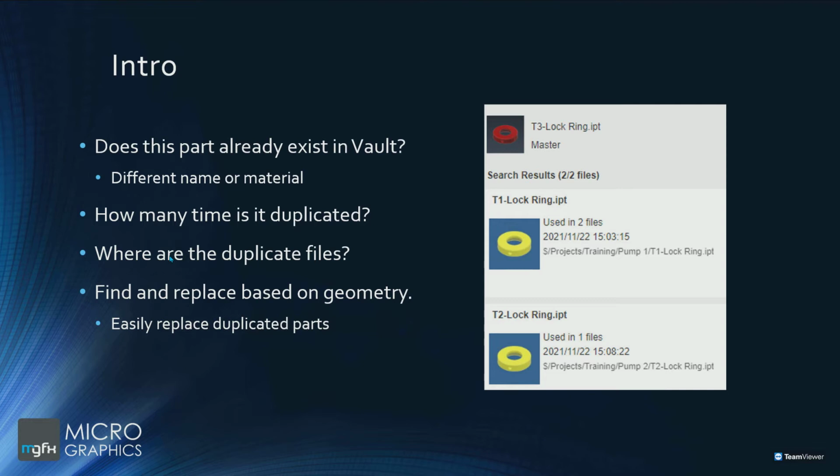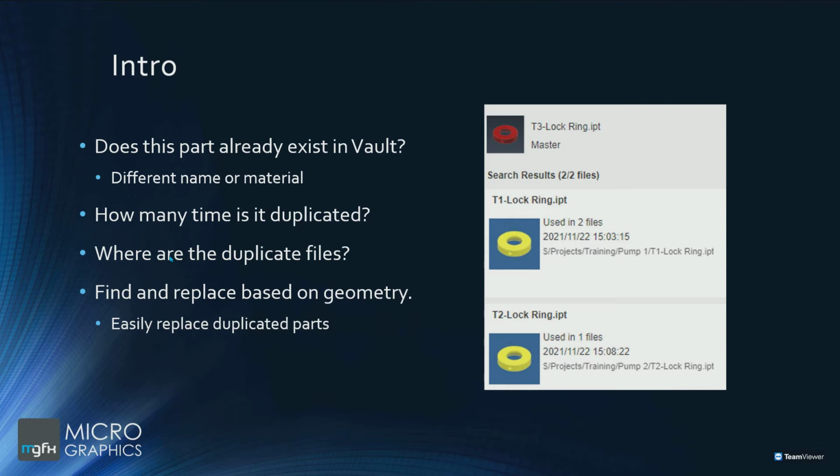You can do a Vault search, but if the file name is different or the material is different, those search criteria won't really give you a good idea if you have a duplicate in Vault. The geometry might be the same, but it might have a different material or a different file name. So duplicate search will help us assist in finding duplicate geometry in that case.